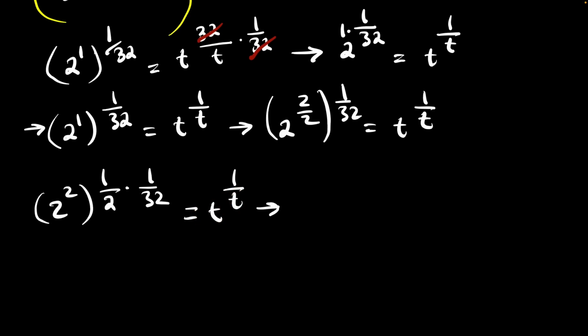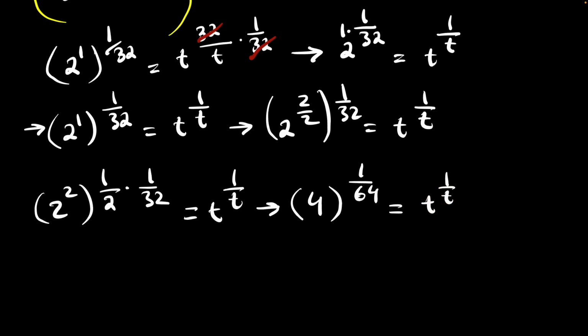Let's go and continue. So here, 2 to the 2, we know it's 4, whole to the 1 over 2 times 32, which is 64, is equal to t to the 1 over t. So guys, you have noticed that 64 is not equal to t, like on the right side, where we have t and t.